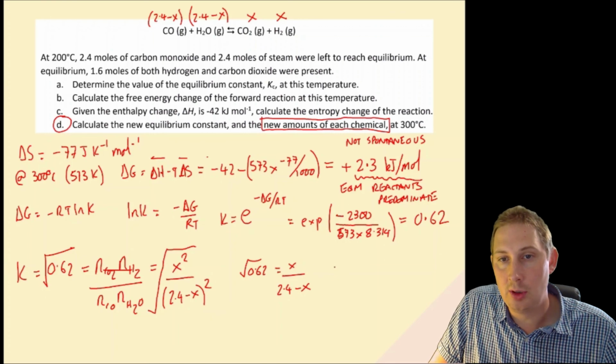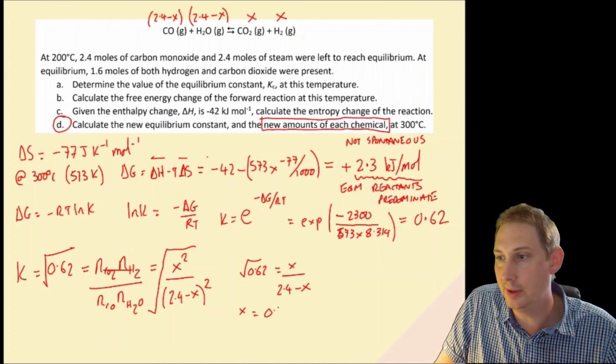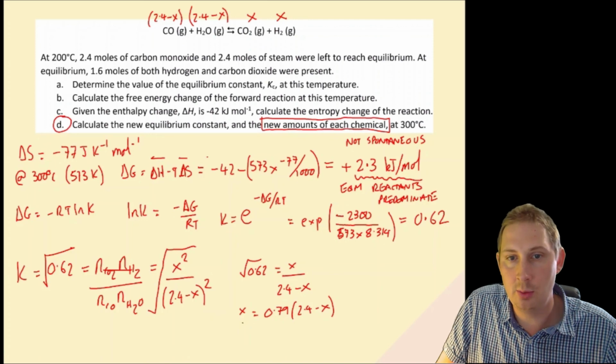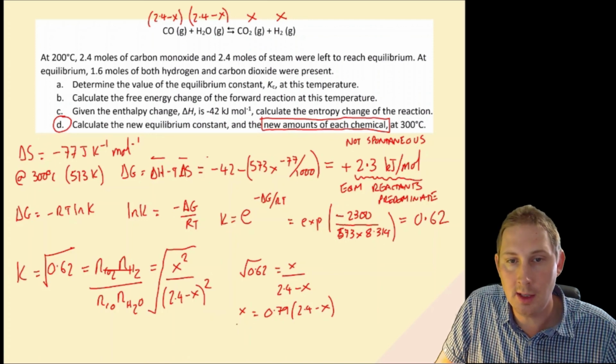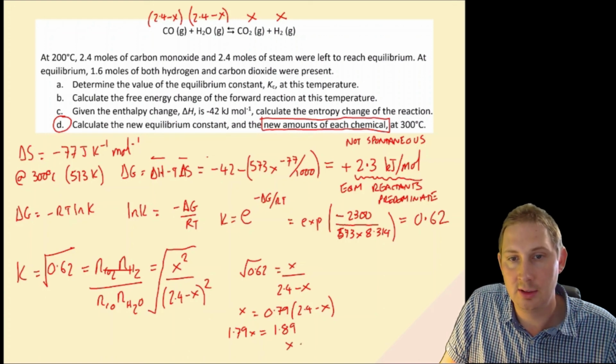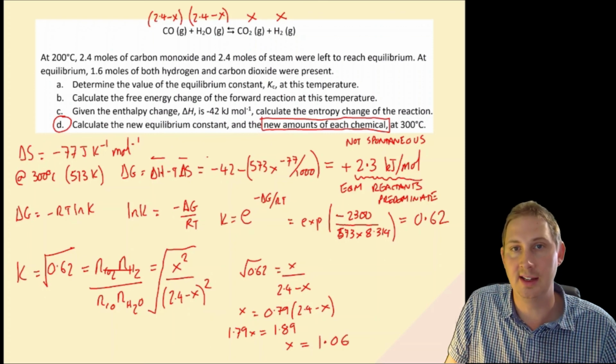So therefore X equals 0.79 times 2.4 minus X. In other words, 1.79X equals 1.89, so therefore X equals 1.89 divided by 1.79, which is 1.06.